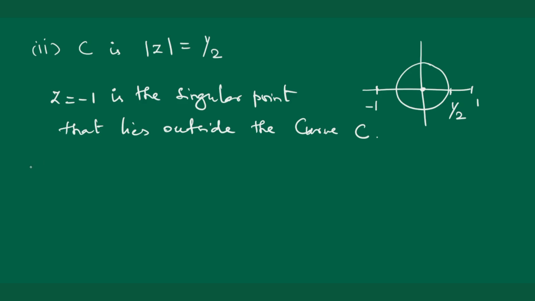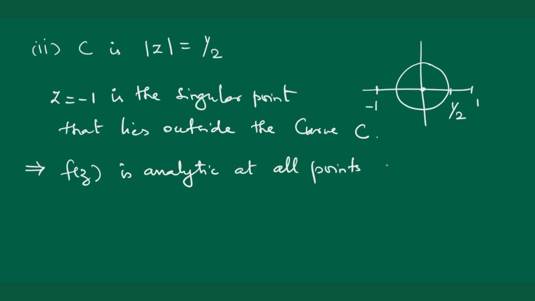So what do you mean by this? Then the function f of z is analytic at all points inside the curve C. That is the meaning. Why are we telling this?